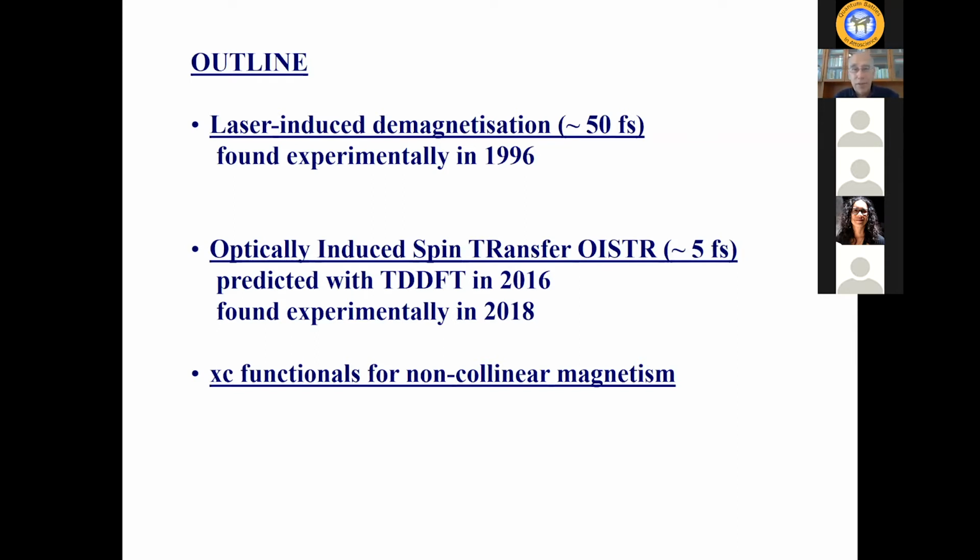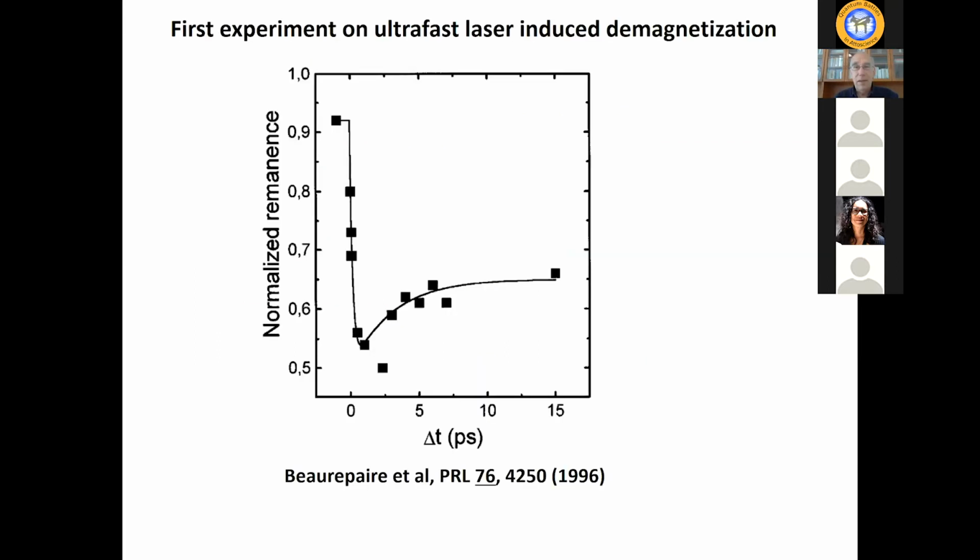And the third topic will be, since this is a methodology section, an important aspect of what a good exchange correlation functional is for this kind of non-collinear magnetic effects. So this first topic, laser-induced demagnetization, started with this experiment here.